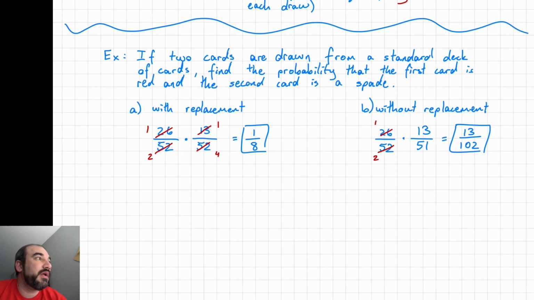Are there any questions on that example? With or without replacement? Okay, let's do another example.